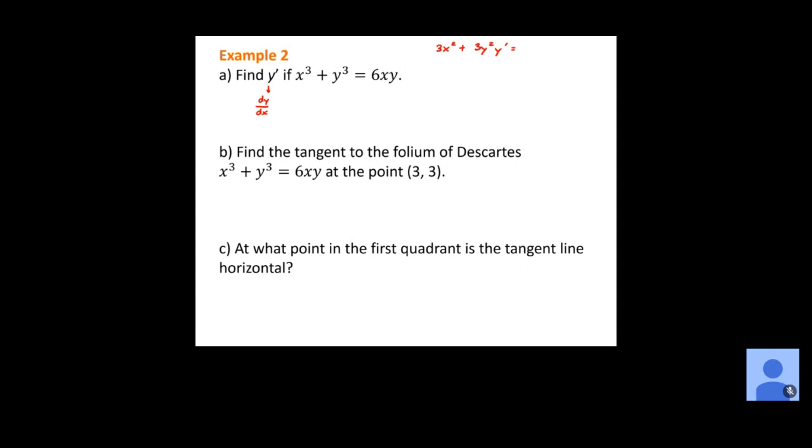Multiply, right? So this is multiplication. Well, if you've got multiplication, what rule do we have to follow for finding our derivative? Product, right? So make sure you recognize this is actually a product on the right-hand side. So we're going to have to use product rule.